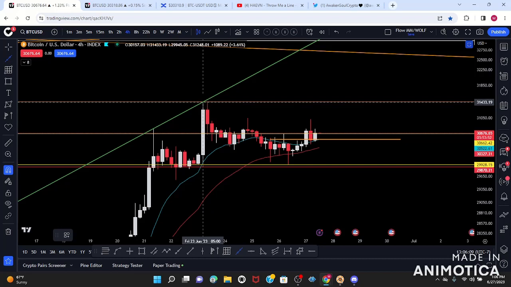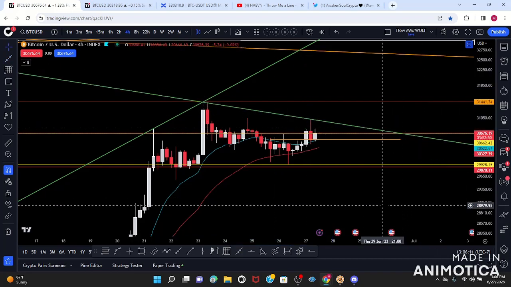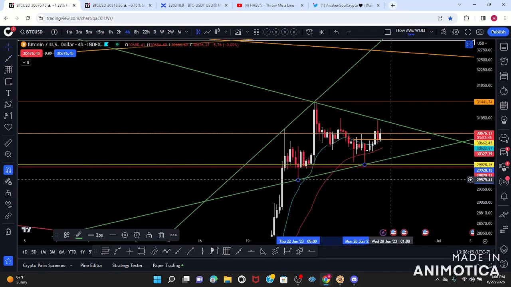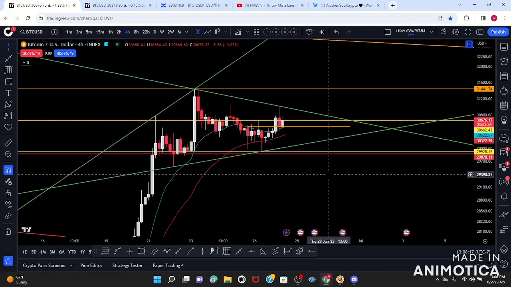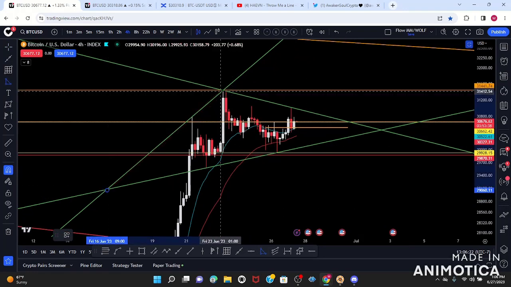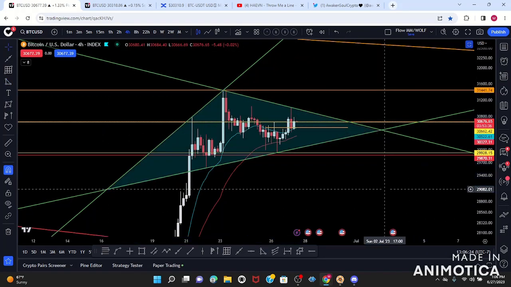And 4 hours are green. Okay, beautiful. Look at that. So right here, what does it look like? What do you think? What do you see? It's geometry, guys. Love geometry, right? This is our 4-hour pattern.